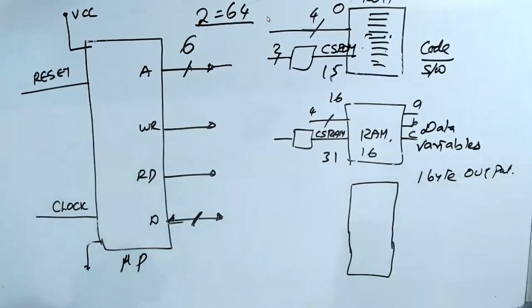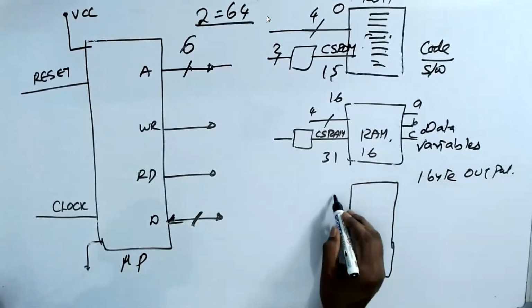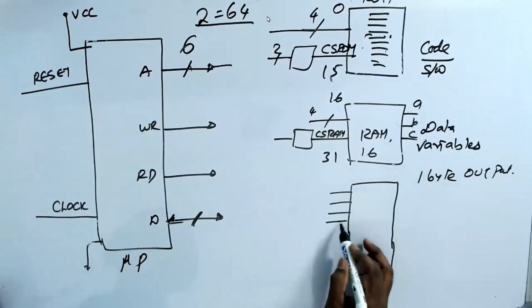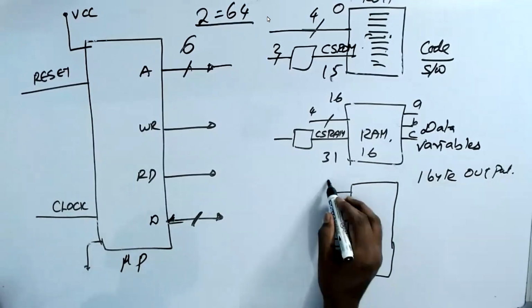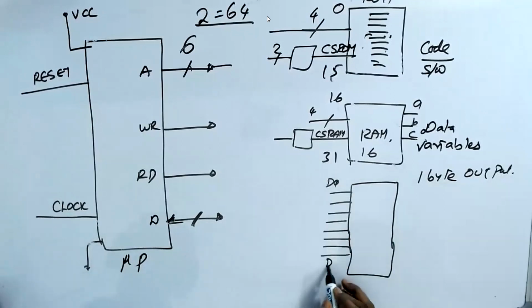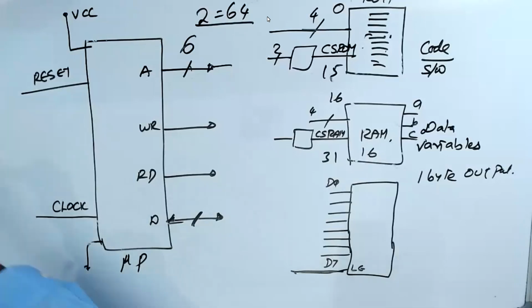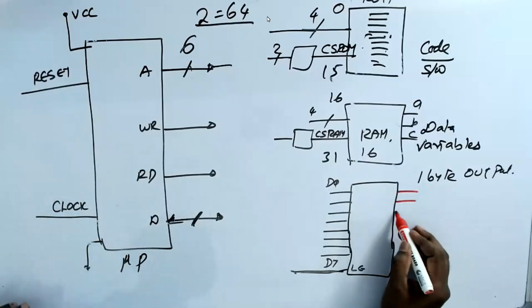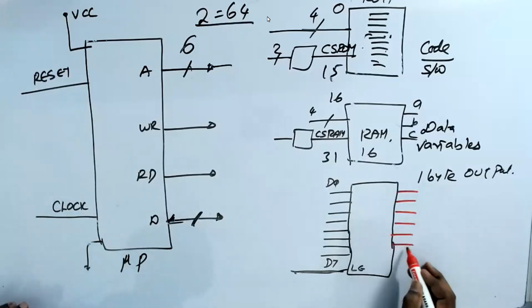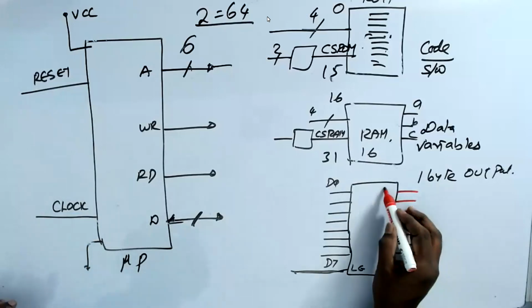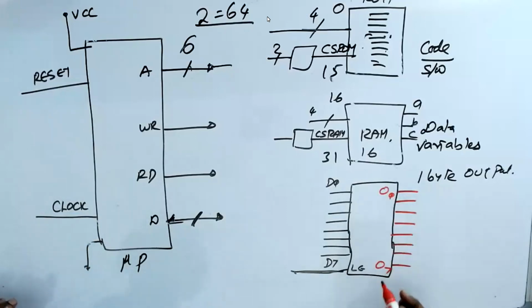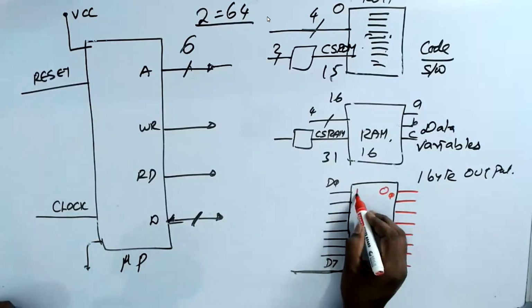This device is having 8 inputs, D0 to D7, and a signal called latch enable. And it has 8 outputs, O0 to O7.